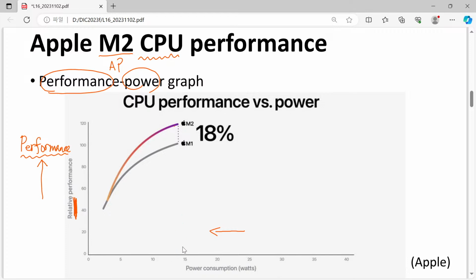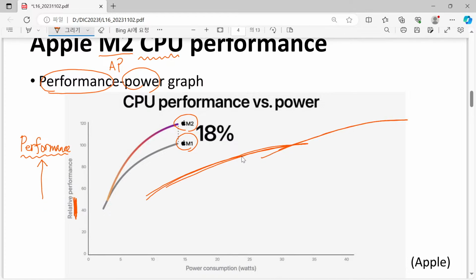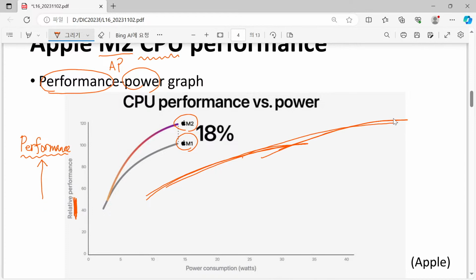But what I wanted to say is, okay, this is a generation to generation comparison, and let's assume that there exists a certain technology or certain chip which has this kind of graph.